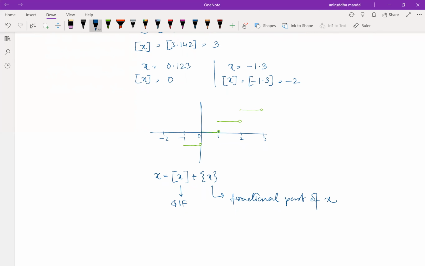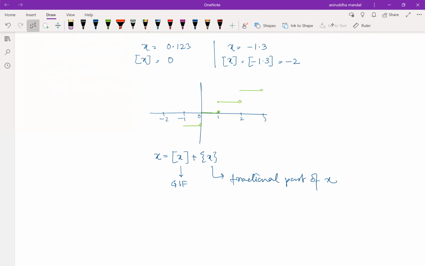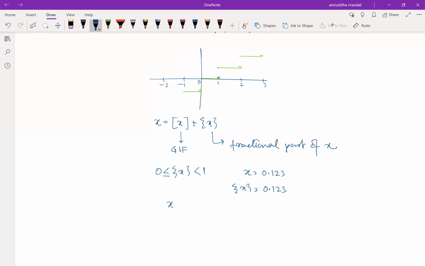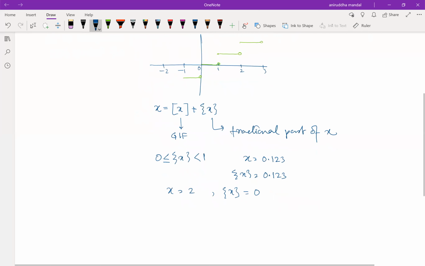The fractional part always lies between 0 and 1. Suppose x equals 0.123, then the fractional part is 0.123. If x equals 2, the fractional part of this value is 0.